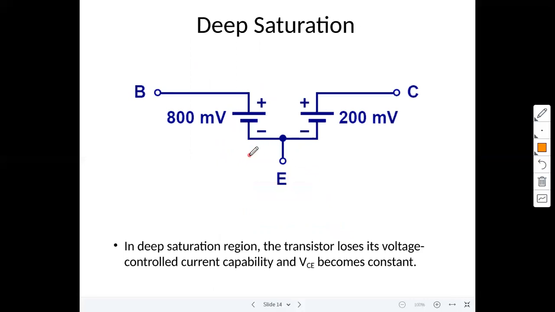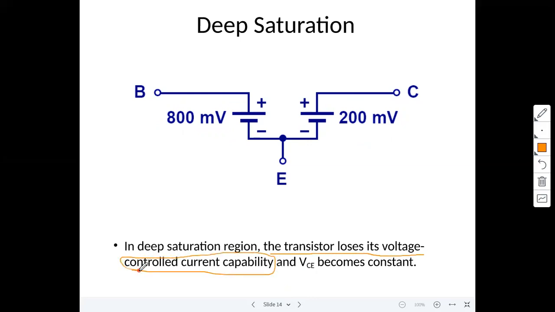Here in the deep saturation region, suppose the base to emitter voltage is 800 millivolts. If the collector to emitter voltage is 200 or less than 200 millivolts, then we can say the transistor is in deep saturation region. In deep saturation region, VCE becomes almost constant, 200 millivolts. Now, one more important observation: the transistor loses its voltage controlled current capability.